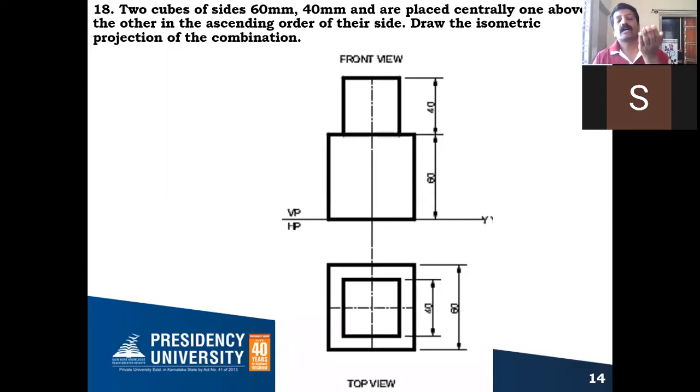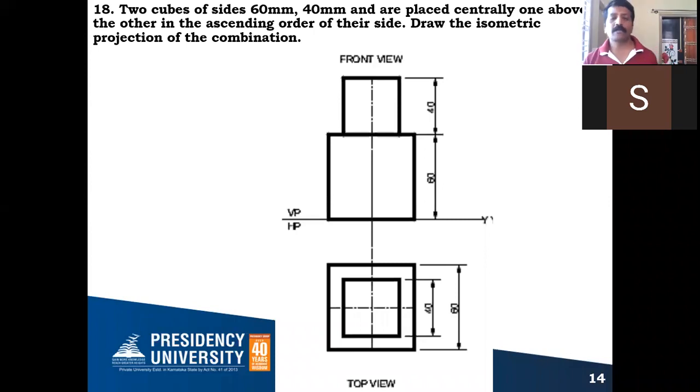So I will take the bottom solid as the 60 millimeter cube, above which the 40 millimeter cube is placed. Before proceeding to the actual isometric projection, let me show you how to draw the front view and top view. The bottom cube will look like a square in the top view.